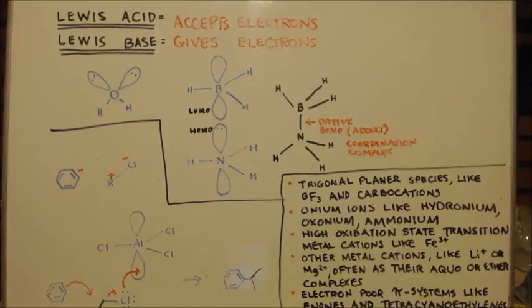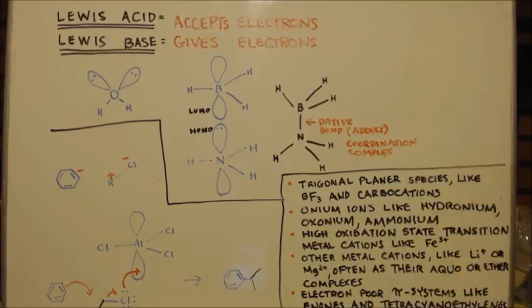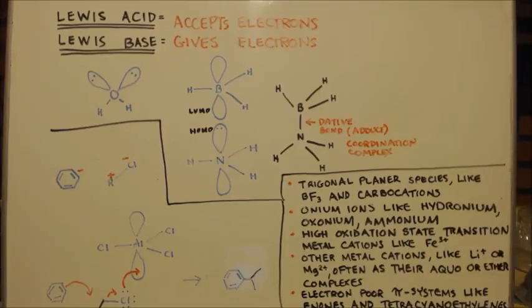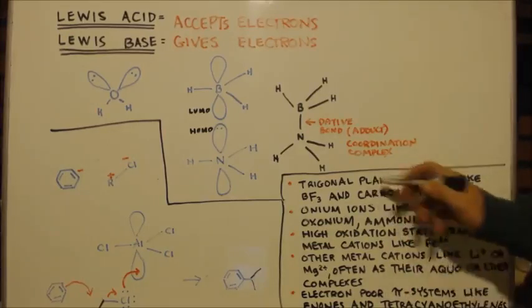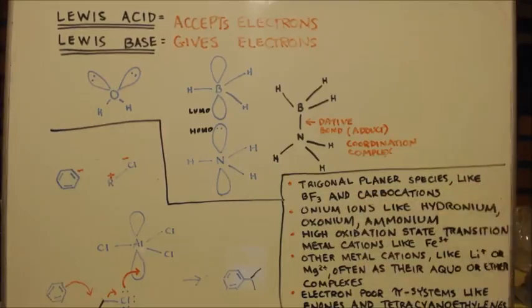The last thing I wanted to go over is your basic types of Lewis acids. I don't expect you to understand all of them if you're a beginner, but maybe in the future you might want to come back to this and look. Trigonal planar species like BF3, carbocations, BH3, aluminum chloride are examples of trigonal planar.